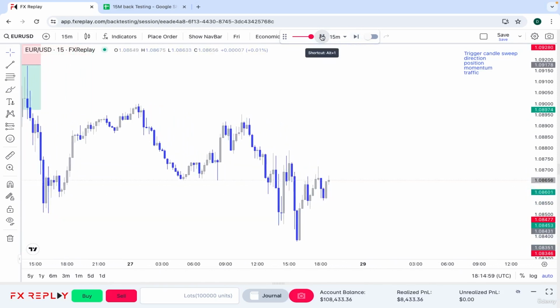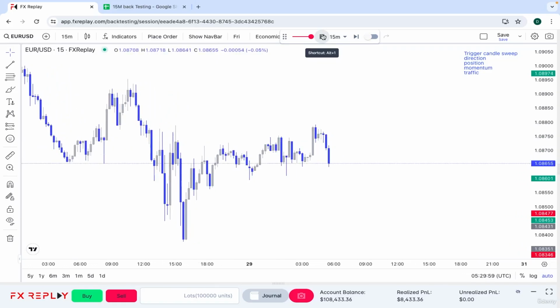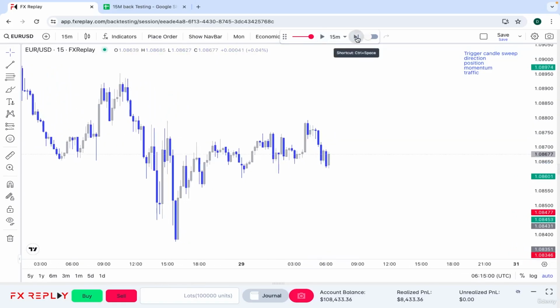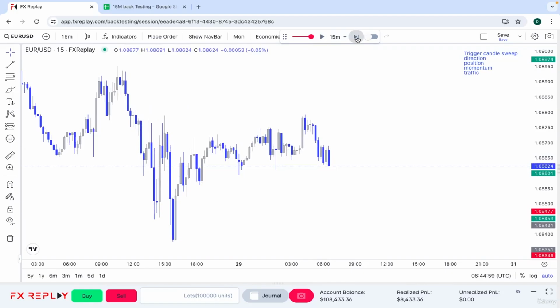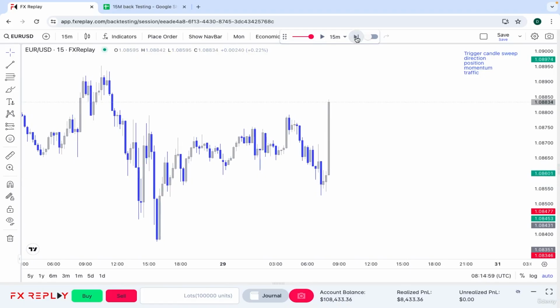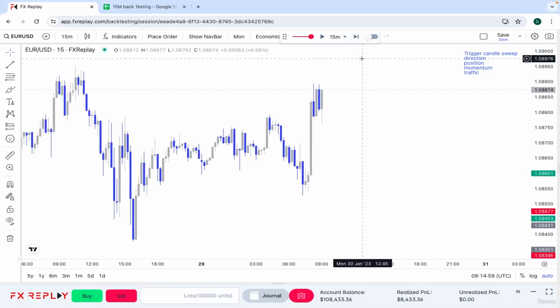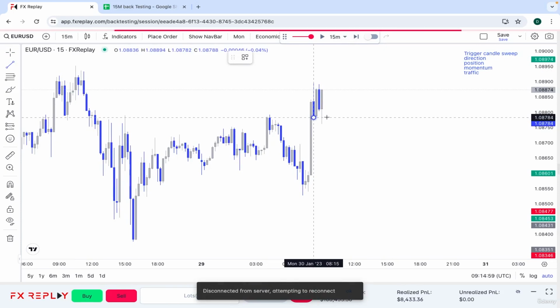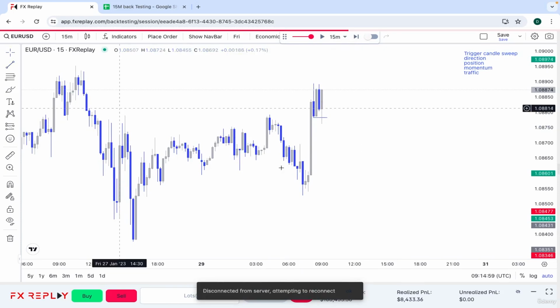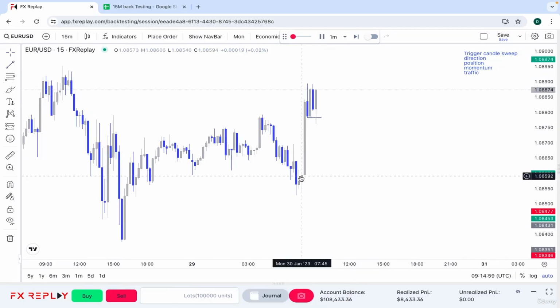Probably about 2 days left, I think. Not quite a sweep. So we have a trigger candle sweep here. Let's go through the list. We've got a trigger candle sweep. We've got direction. As you can see, we've got this big push up here, and then we've pulled back and swept.